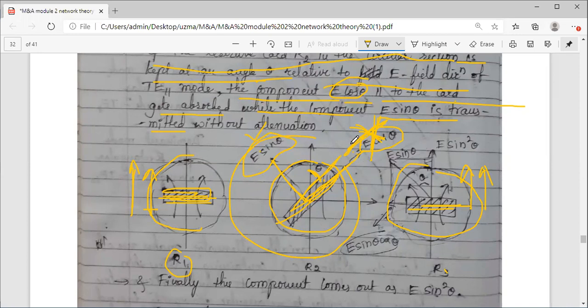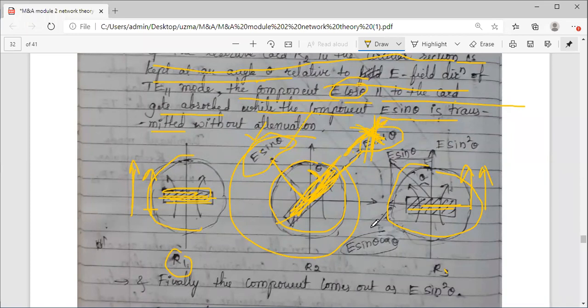Out of these two components, the horizontal will not come because it is parallel to the placement of this resistive card. So whatever component is parallel to it, E cos theta, will be eliminated and absorbed, but the other component, which is perpendicular, will be transmitted.